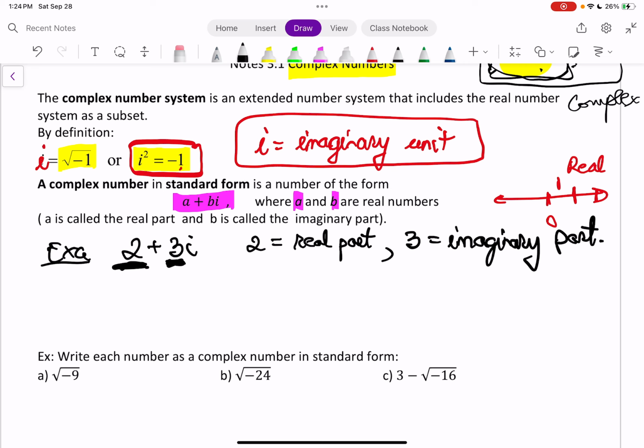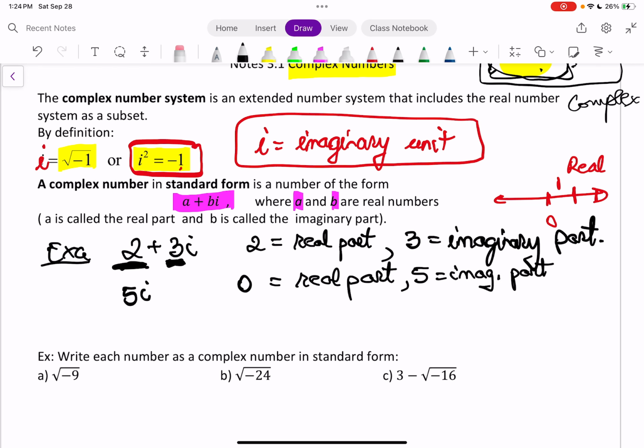So again, if you look at, for example, the number 5i, then the real part is 0. So it has no ones, right? It has 0 real parts, and it has 5 imaginary parts.